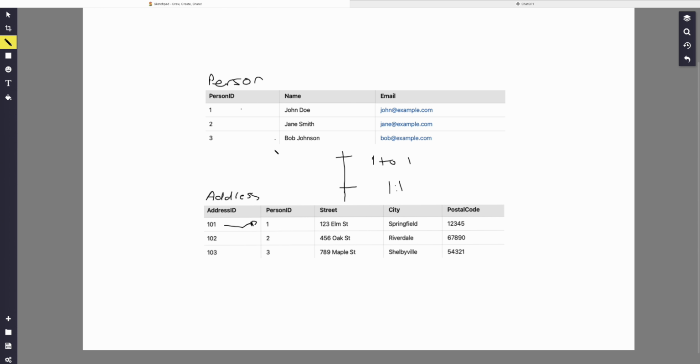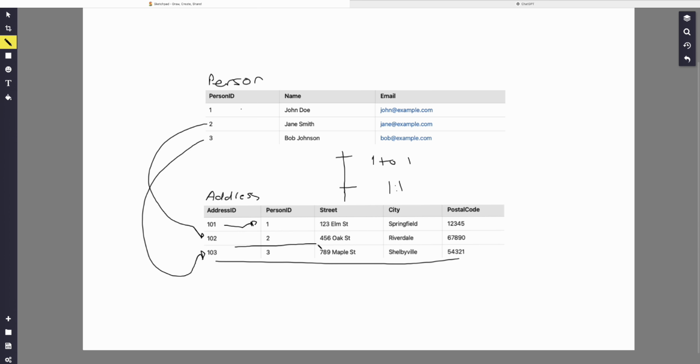Okay, John Doe can't also live at address 102. So that's why this relationship is a one-to-one. As you can see here, Jane Smith belongs to address ID 102 and Bob Johnson belongs to address ID 103. All of these values are unique, specifying the addresses that they live at. Therefore, this relationship is a one-to-one.